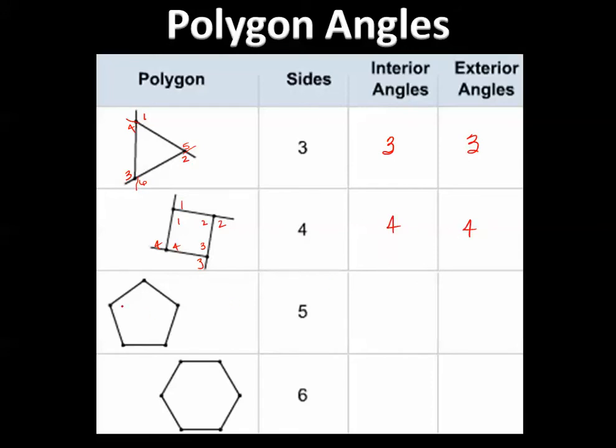And with the pentagon, see, if you extend each side just like this, you can see 1, 2, 3, 4, 5 exterior, got 1, 2, 3, 4, 5 interior. I'm hoping you're seeing a bit of a pattern here. Same with the hexagon. Now that I bet you see the pattern, there's going to be 6 interior angles, there's going to be 6 exterior angles.